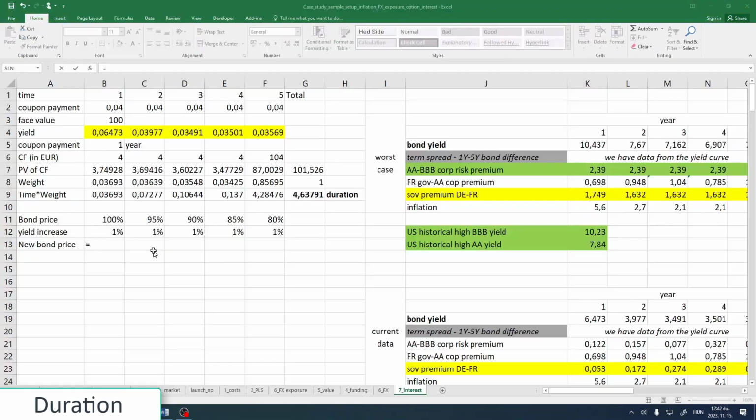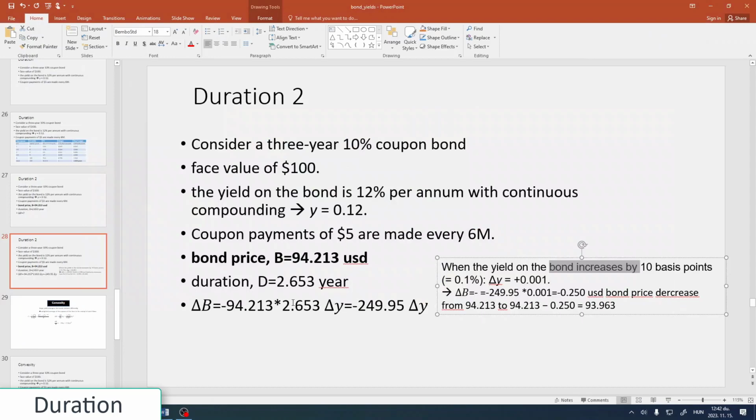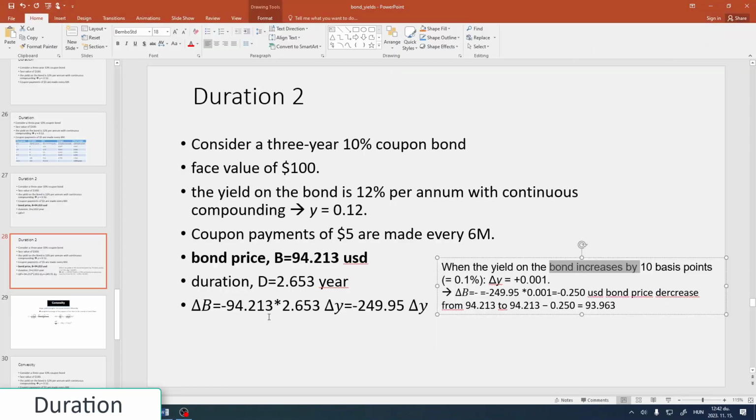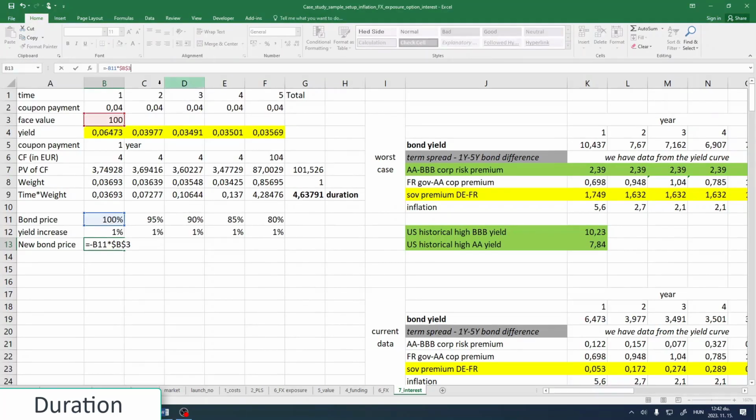Okay, so now we can say that this thing multiplied by the face value, which is fixed. This is what is happening here, but this should be minus, so it's a negative number. We should not forget it, because otherwise we will have really strange data. Then we have to multiply it with the duration. This is also a fixed number.